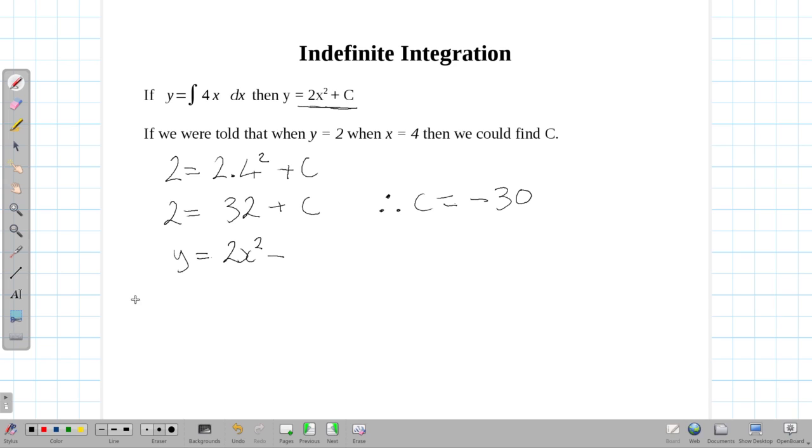So we've got minus 30. And that's the solution. Now we can put any value of x in and we'll find out a value for y. If you just want to test this, if x is 4, 4 squared is 16, times 2 is 32, minus 30, we'll get y is 2. So it just proves it.